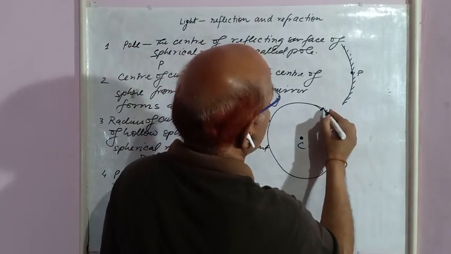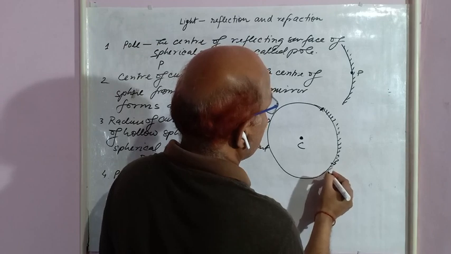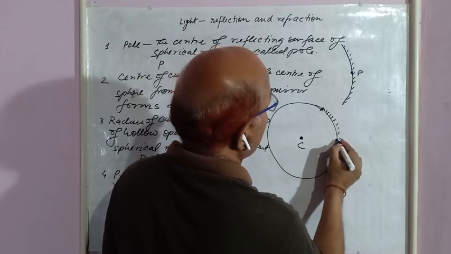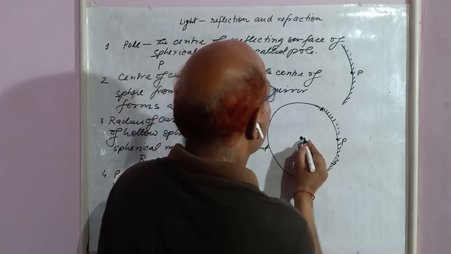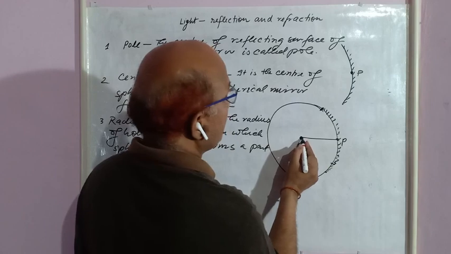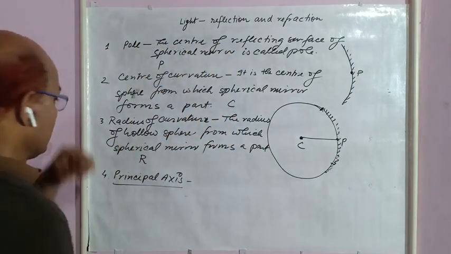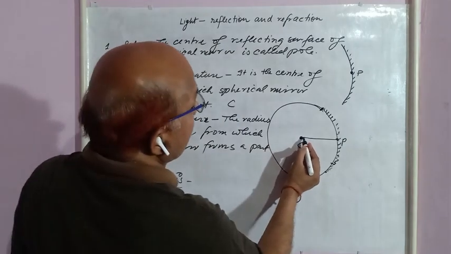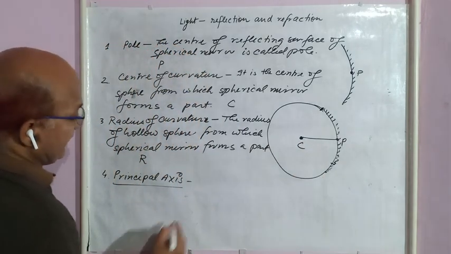Suppose this is a concave mirror, and this is the pole. So we can draw an imaginary line which joins the center of curvature and the pole. So this imaginary line which joins the center of curvature and pole is called the principal axis.